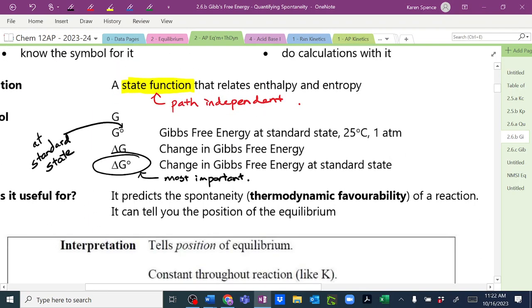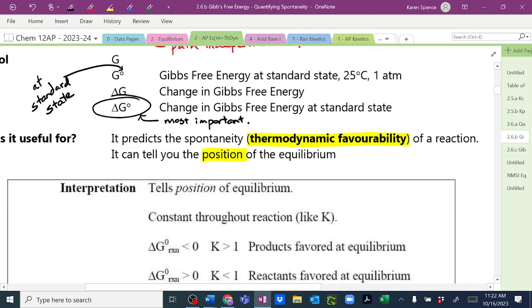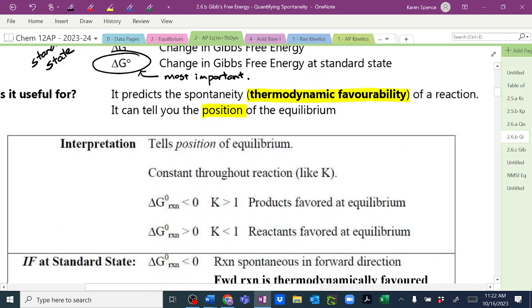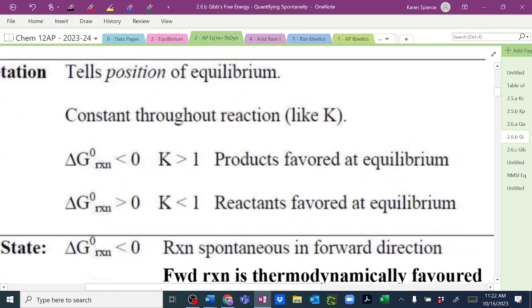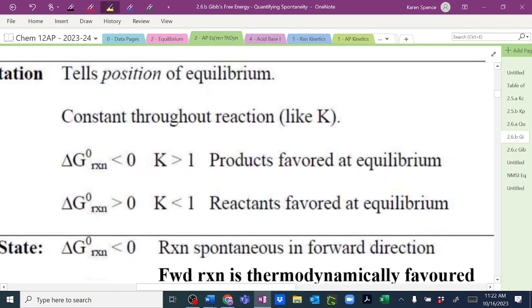It is useful for predicting the spontaneity. In other words, the new language, thermodynamic favorability of a reaction. And it can tell you the position of an equilibrium. So if delta G naught is less than 0, what does that tell you if it's less than 0?